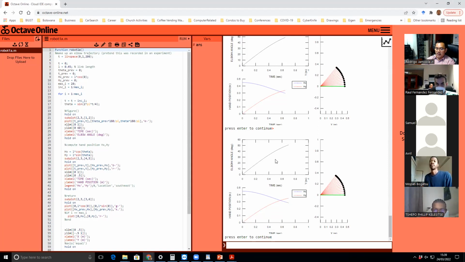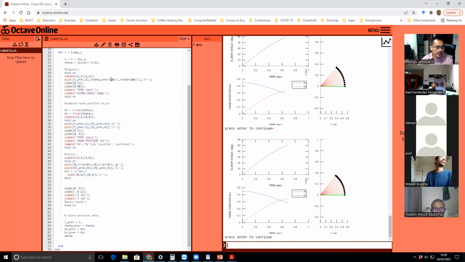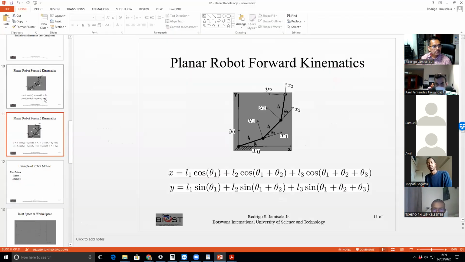Your angle goes from 0 to 60. So that's for the single dimensional robot. Now we want to plot a 2-dimensional robot. Again, we just move in terms of forward kinematics. Forward kinematics meaning the input are the joint angles.